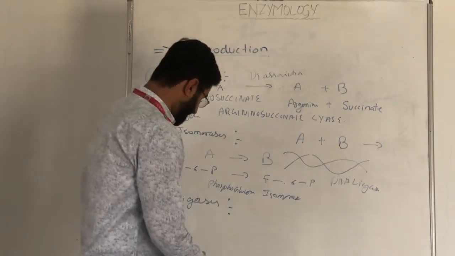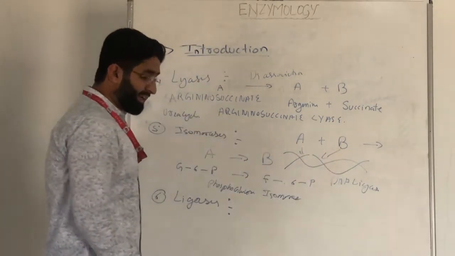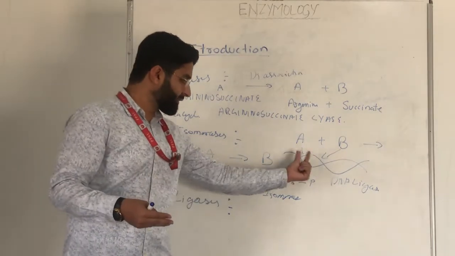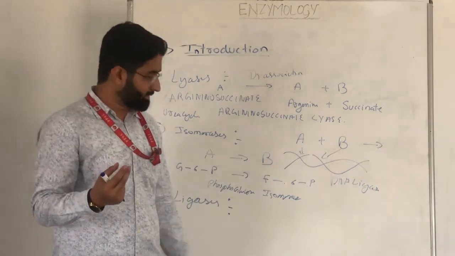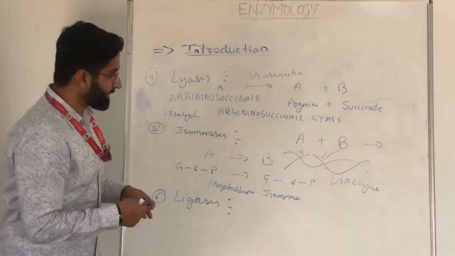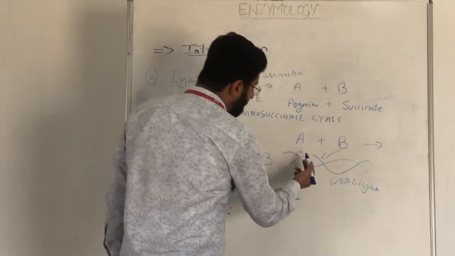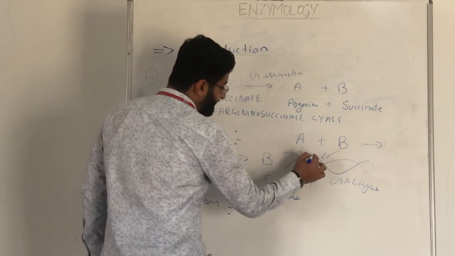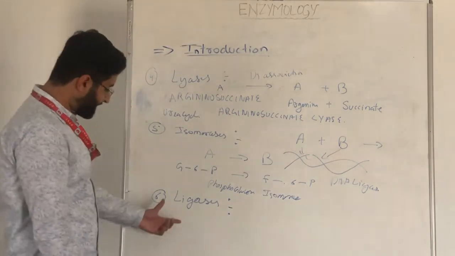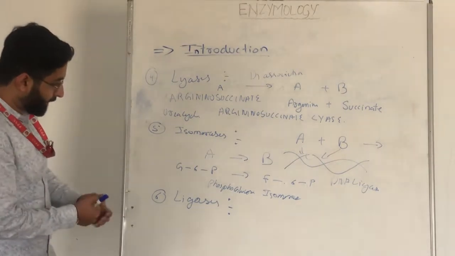So what it actually does: here we have the reaction, right? A is this strand and B is this strand. Now in order to stick these strands together, we need an enzyme, right? So here the enzyme DNA ligase acts as, you can say, a glue, in simple words. It will join this unoccupied space. So that's the function of ligase, where it acts as a glue.